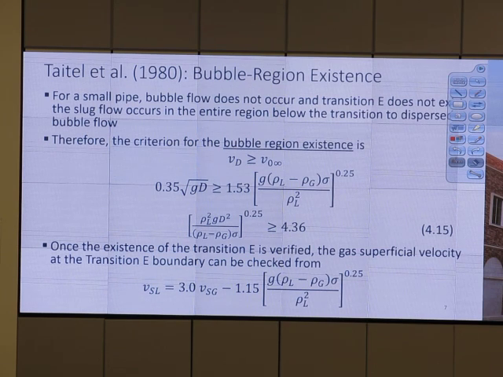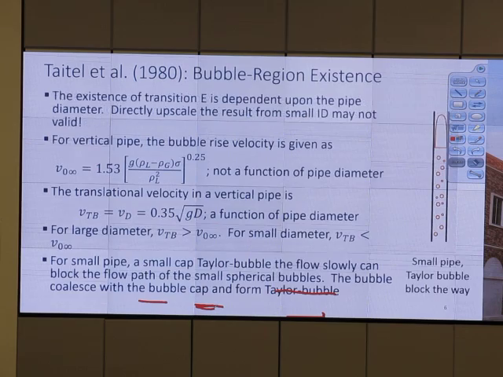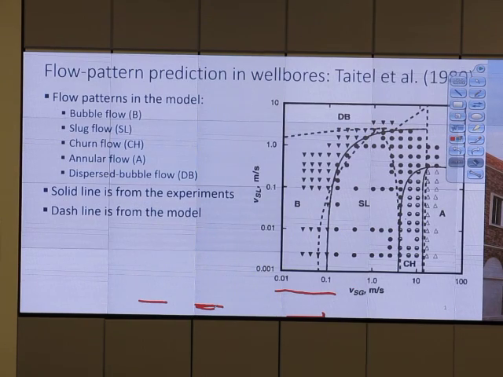You actually have to do some calculation, practice, and then you will be able to find, if I know VSL and all this, can I calculate VSG, the smallest VSG that gives you the transition on this line?